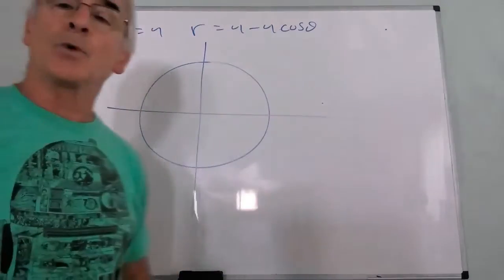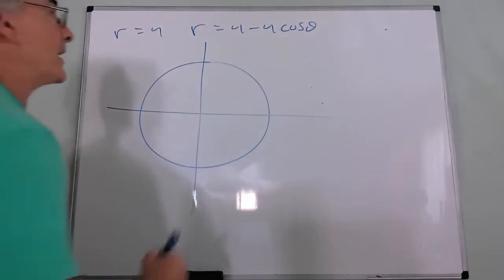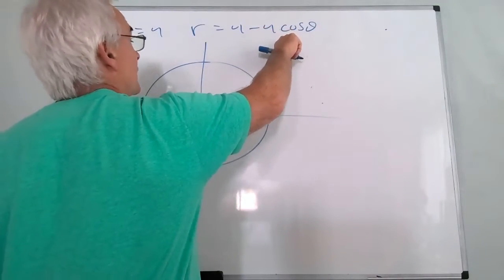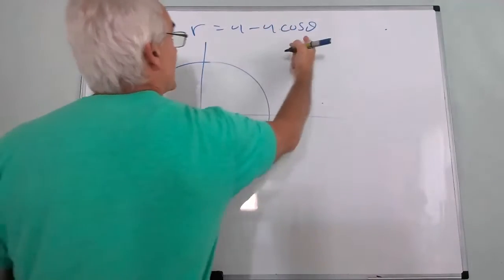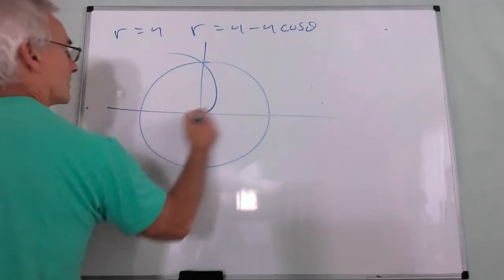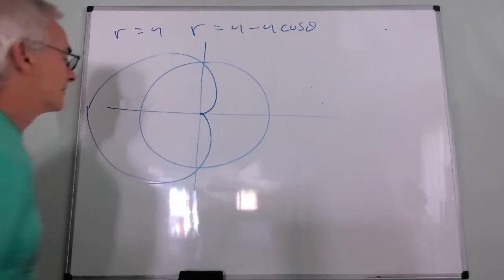This guy's the sideways opening cardioid, but it's going to go mostly that way because of the minus. Quick check, if theta is 0, I'm at the origin. If theta is pi, I'm way over here. So this one's going to kind of go like this-ish.